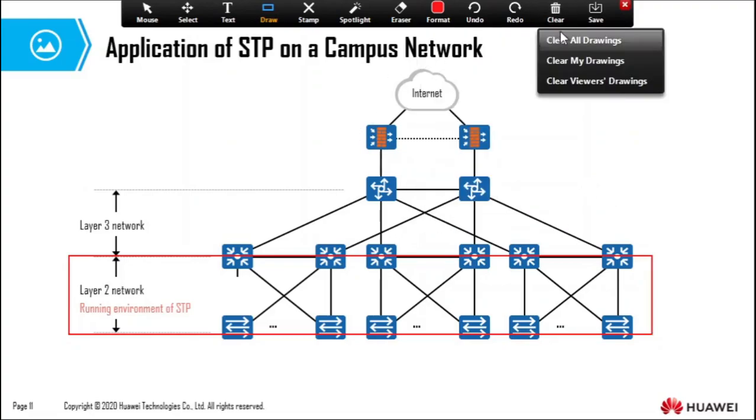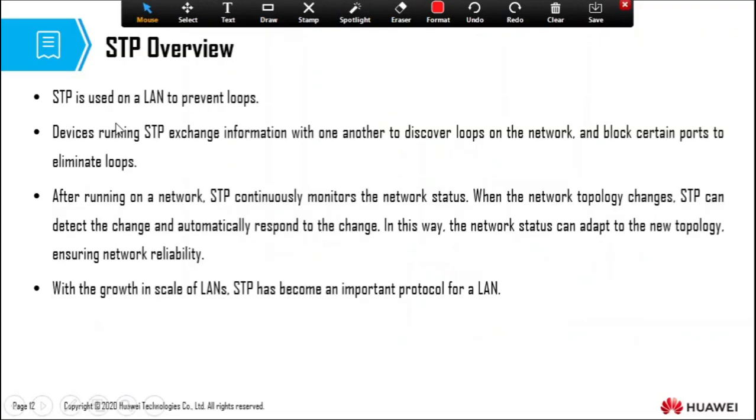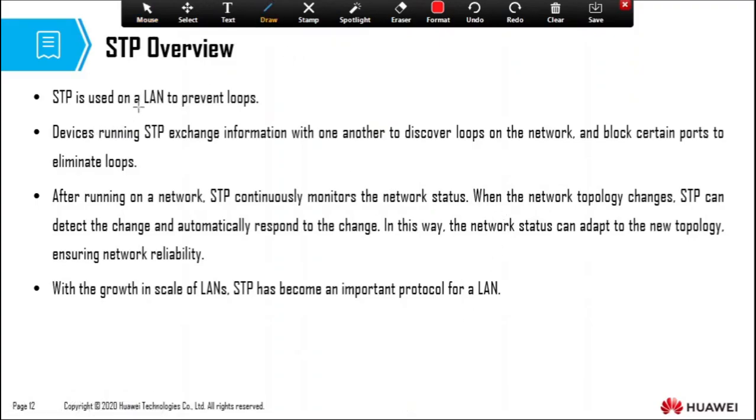So let's have a look at an overview of STP. They're used to prevent loops on a local area network. Devices that run this will exchange STP information, what we call STP BPDUs, Bridge Protocol Data Units, to discover loops on the network and block certain ports in order to eliminate the loops.